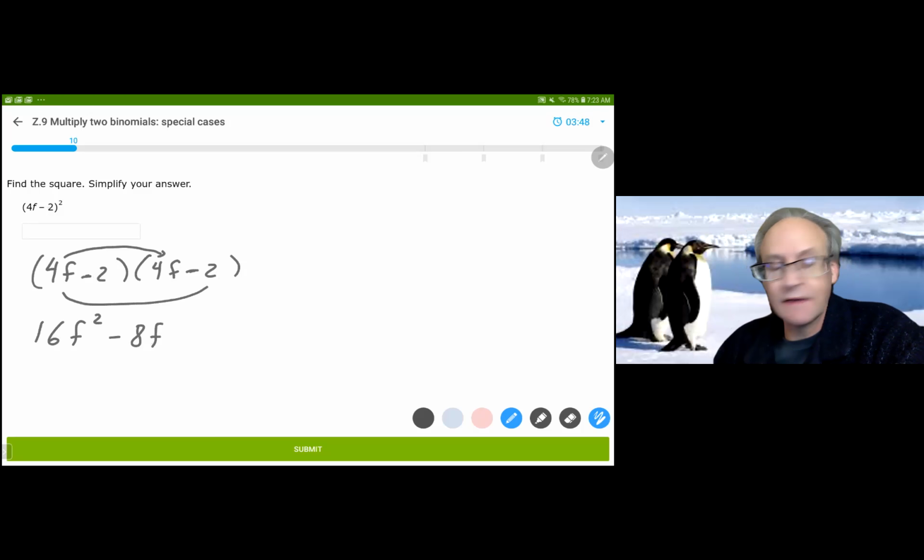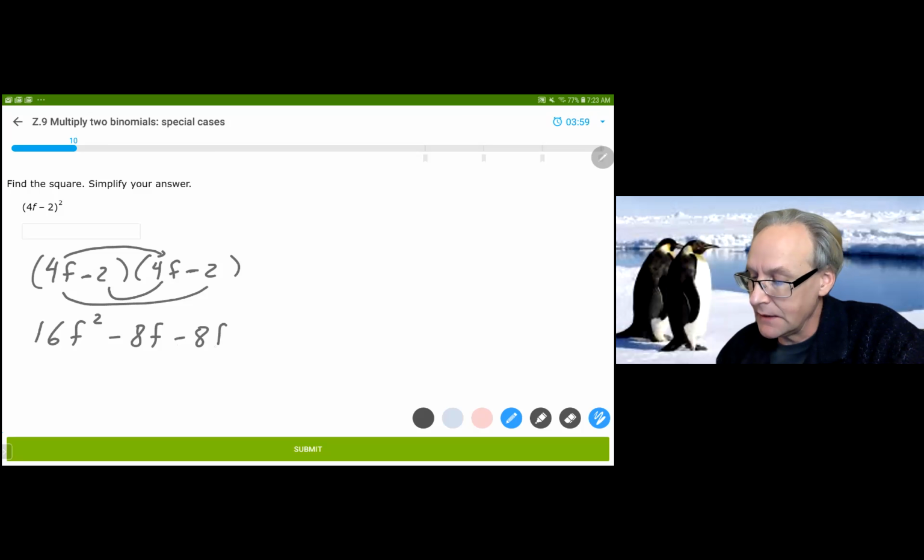And I want you to notice that if I multiply the two terms, the a and the b part together, I get negative 8f. Look at my inner pair, negative 8f. Again, notice that these are always going to be the same, no matter what, because you're squaring it. The last term I want you to notice is a negative times a negative.